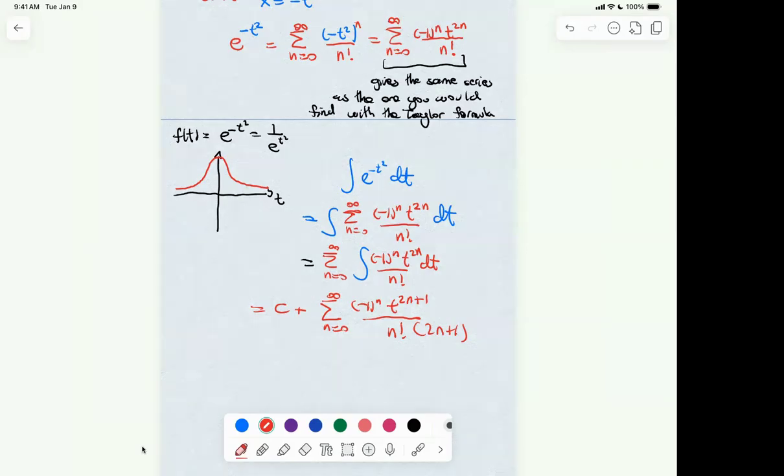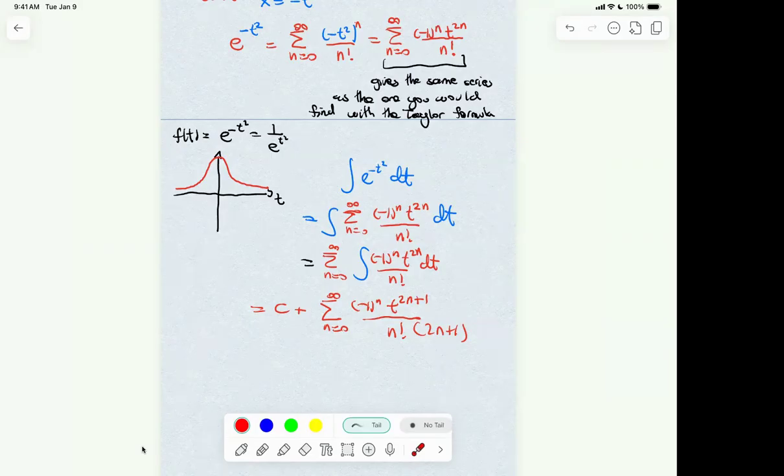Because it's an antiderivative, for example, if I put bounds here, like an integral from 0 to 1, then you would evaluate each term at 0 and 1, and that would give you an actual number. Here, since I wrote it as an antiderivative, what I'm claiming is that this is a function whose derivative would have been e to the minus t squared.